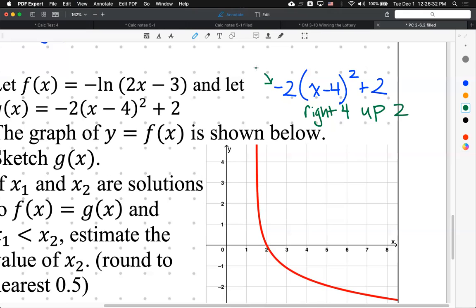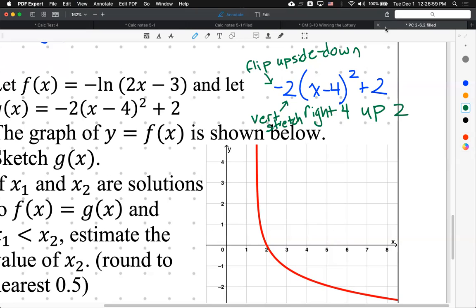The negative here means flip, upside down. And the 2 means stretch it. That's a vertical stretch by a factor of 2.